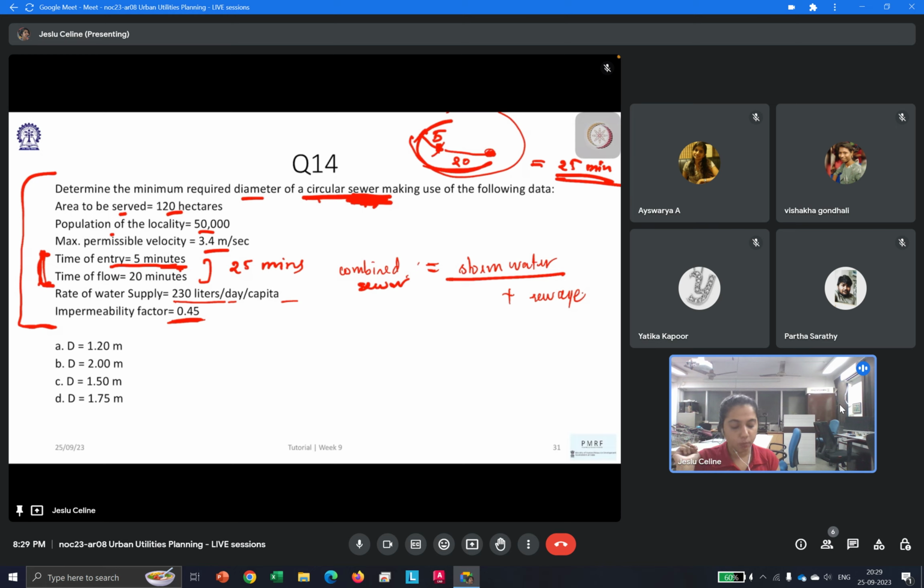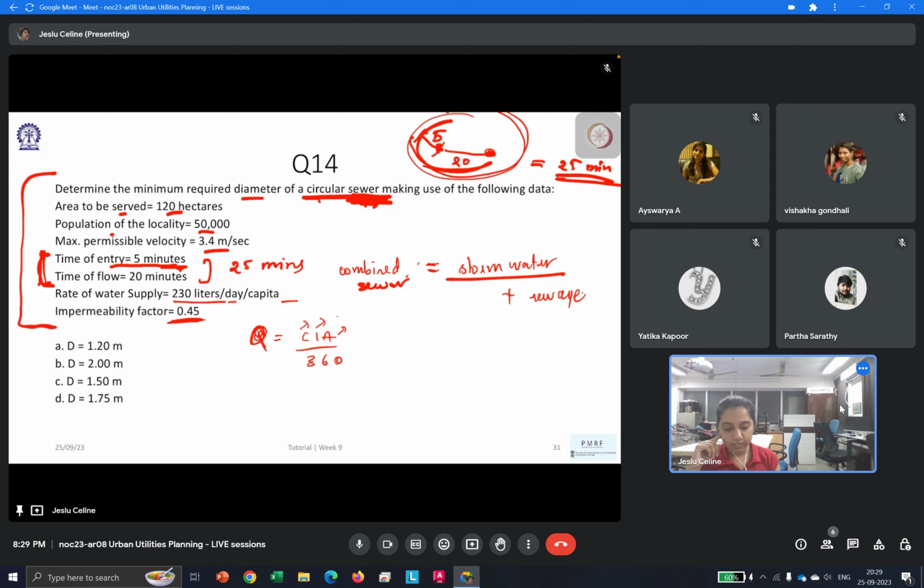So now let's find the stormwater discharge. In order to find the quantity of stormwater, we use Q = CIA/360, where C is the coefficient, I is the intensity, and A is the area of the catchment that we are talking about.